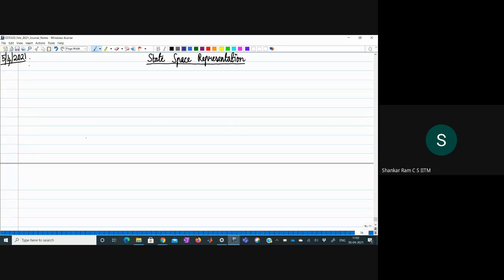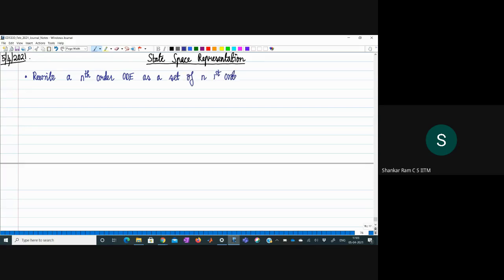What is the core or central idea behind the state space representation? If we have an nth order ODE as the governing equation for the class of systems under study, we rewrite the nth order ODE as a set of n first order ODEs.